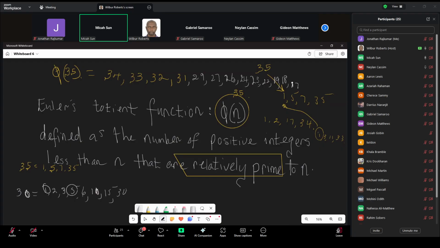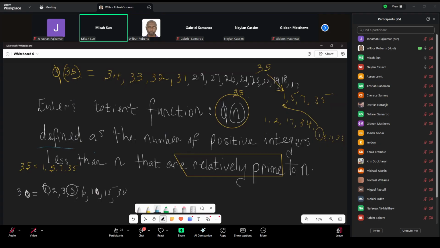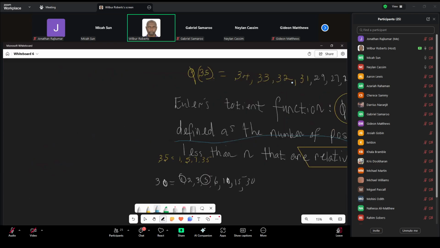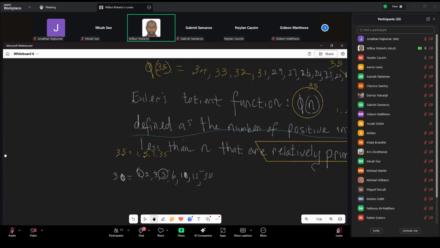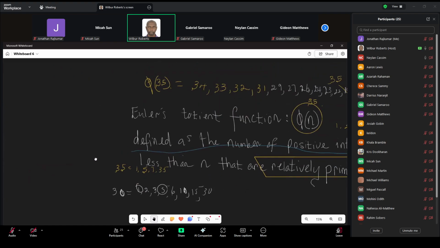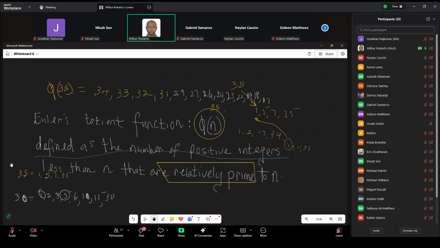Psi is defined as the number of positive integers less than n, so all the positive integers less than 35 that are relatively prime to 35. So you have to go straight down to 1. You have to check.